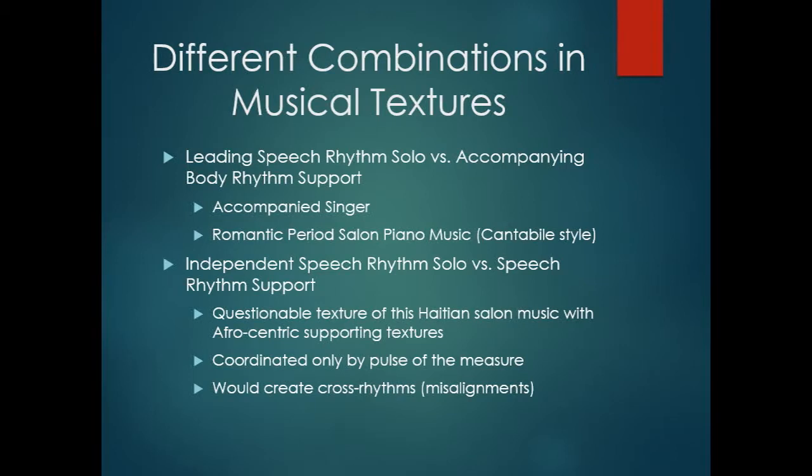In this sense, examples of this would be an accompanied singer. So the singer has the lead and the support accompanies that rather than directs. Then another example would be Romantic period salon piano music with the cantabile style. So with this, the instrument will emulate the voice to freely express and to fluctuate.